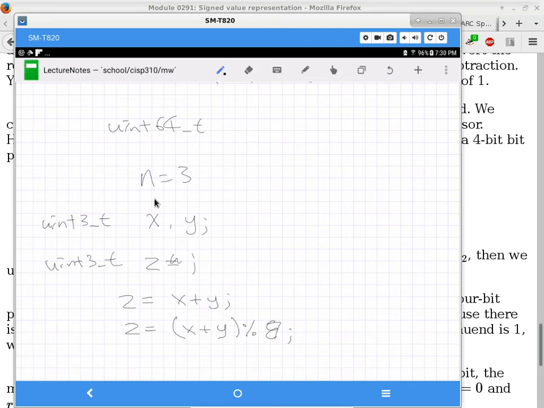All right. So are there any questions about the limited number of bits and how it impacts what value can be stored, and also how what seems to be a very simple operation, addition, actually has a hidden mod operation right after it? Every single operation has a hidden mod operation after it. Is that okay? All right.